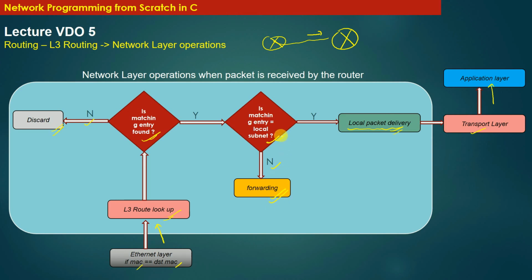And if the packet is destined to one of its local subnets, then the router decides to hand over the packet to the transport layer. That is, the packet is required to be processed at the local application running on the router, and the packet is not supposed to be forwarded or discarded. It is supposed to be processed locally on the router.